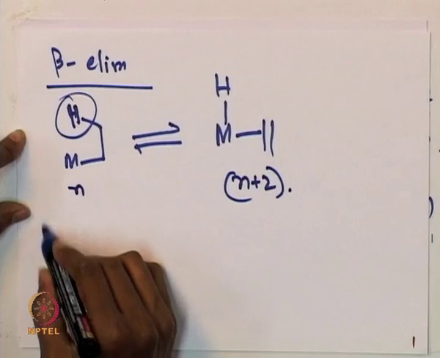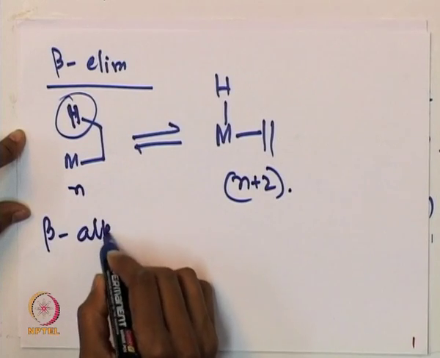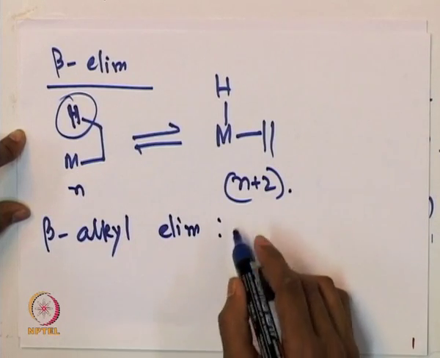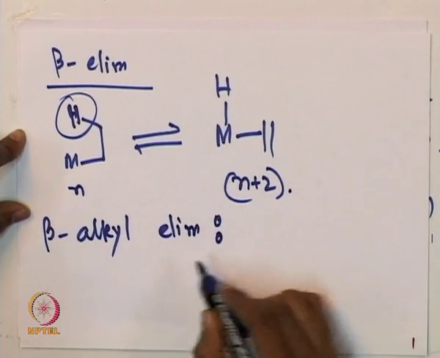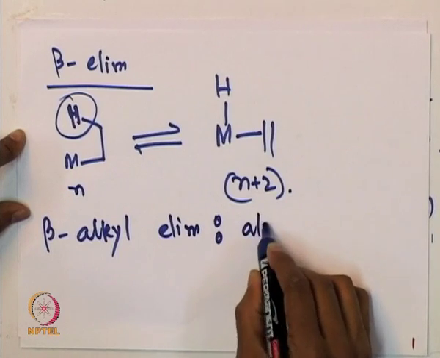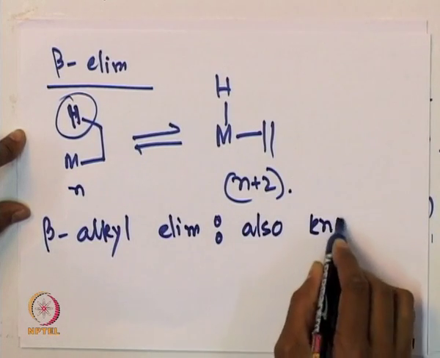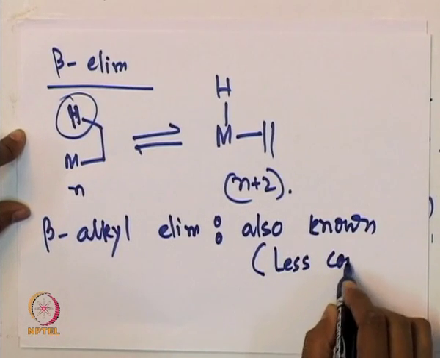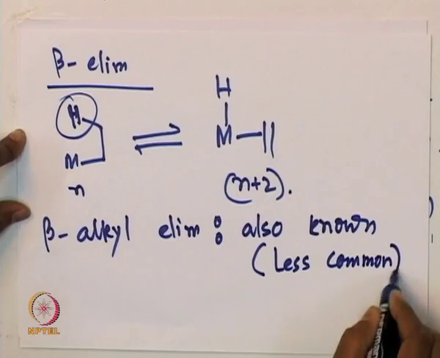Beta alkyl elimination, let me write that down, because it's a very usual question by the students. It is also known but less common. Okay, let us put it that way, that is easier to remember.